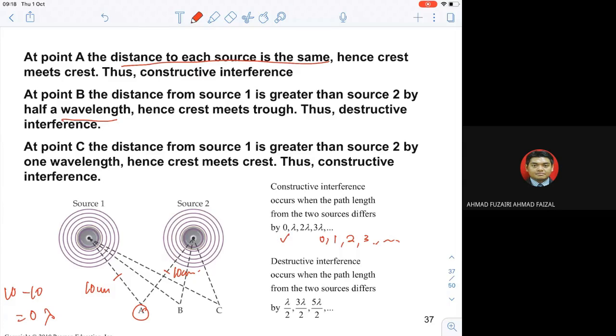While when you are subtracting the lengths between source number 1 and source number 2, so let's say point B, this one is 8.5, this one is 11. So 11 minus 8.5, you will have 2.5 difference, 2.5 lambda.